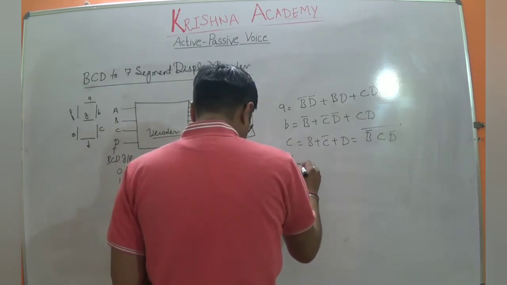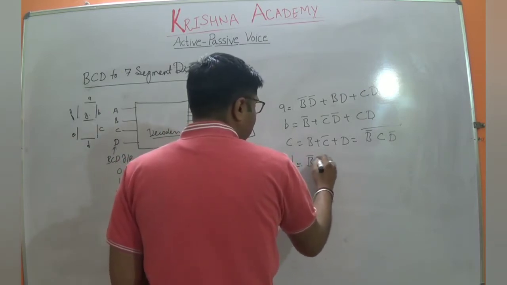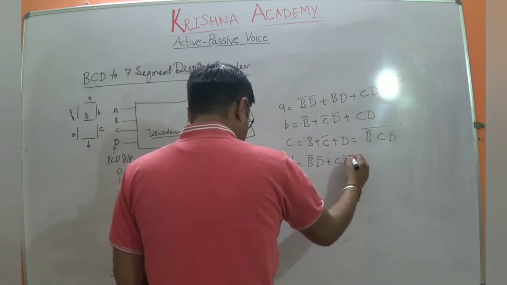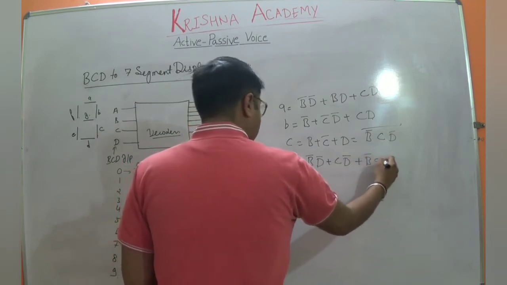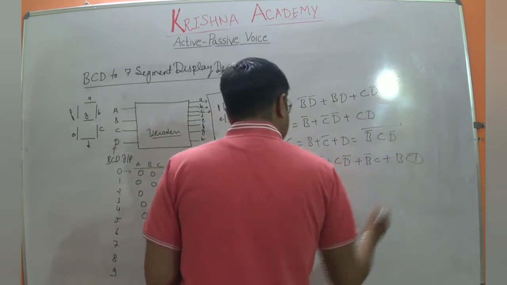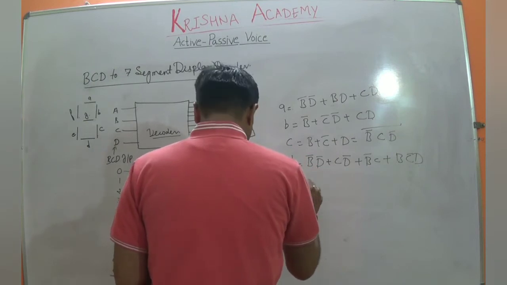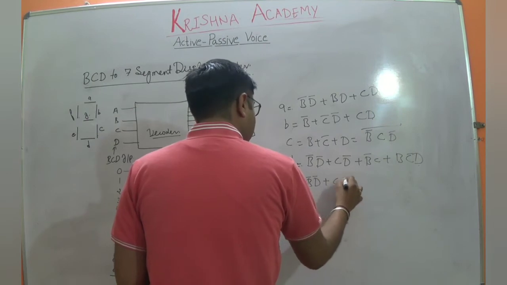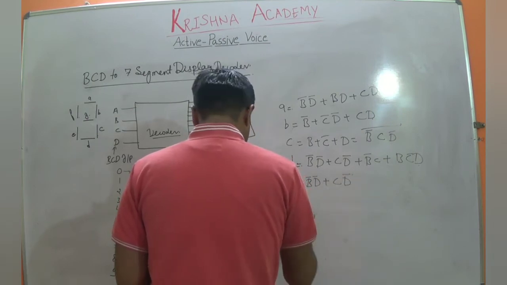D will come as B bar D bar plus C D bar plus B bar C plus B C bar D. E will come as B bar D bar plus C D bar.